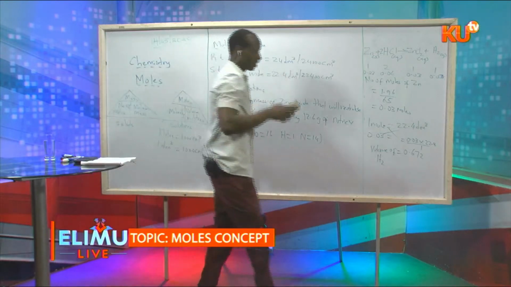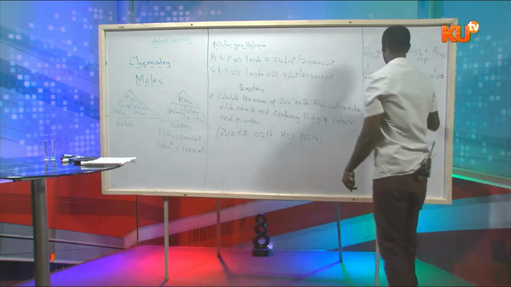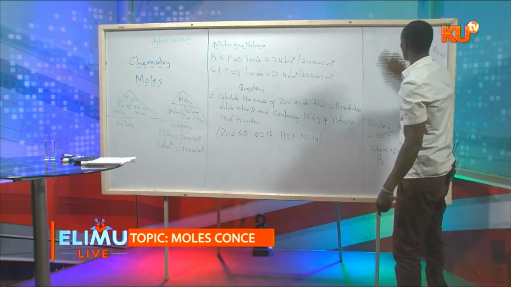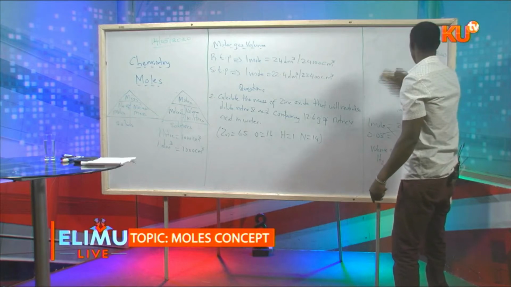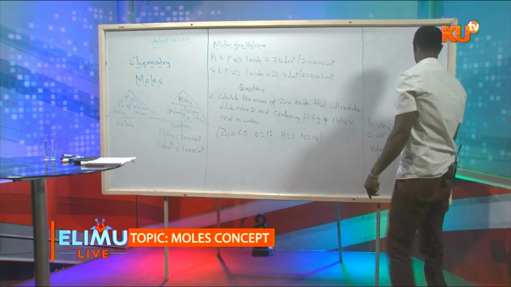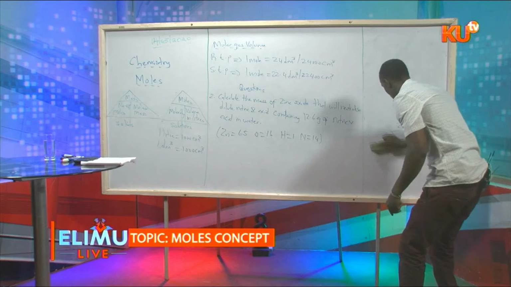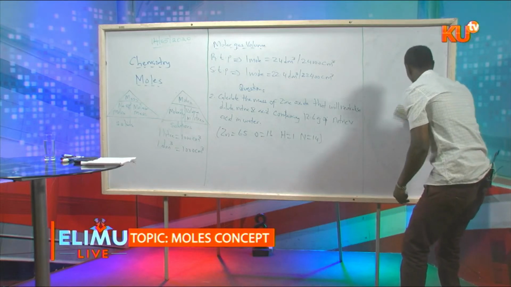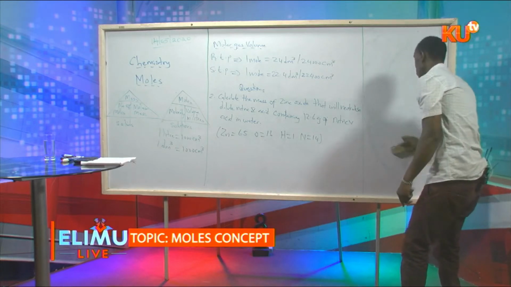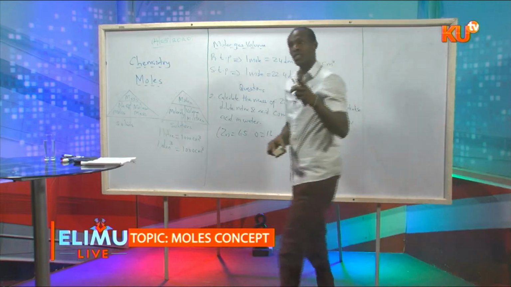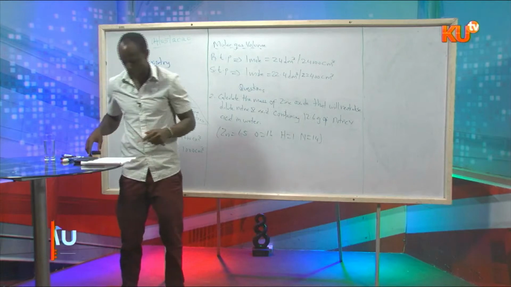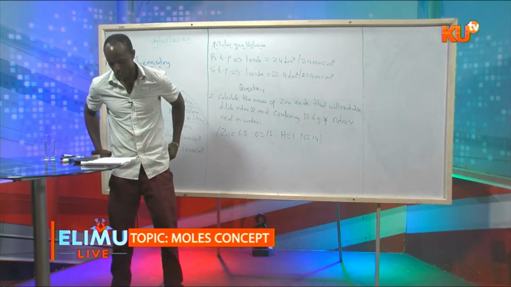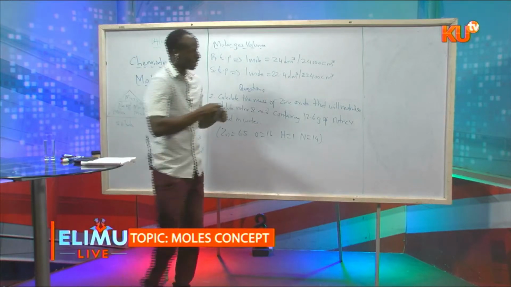So the first step, as I always say, is writing a balanced chemical equation so that you can know the ratio. The ratio helps you know the number of moles for the other compounds whose number of moles you didn't know. It's a neutralization reaction. A neutralization reaction gives you salt and water as your products. So at least you know you'll get salt and water.